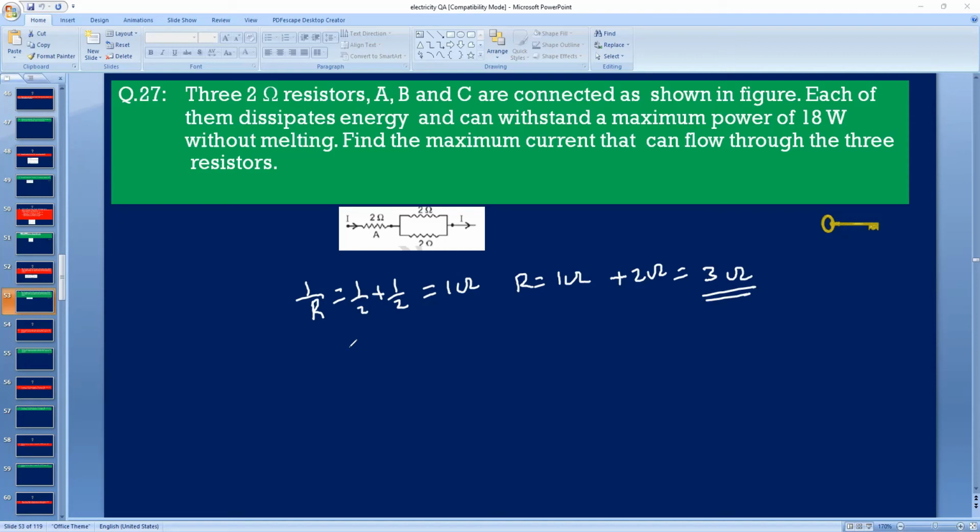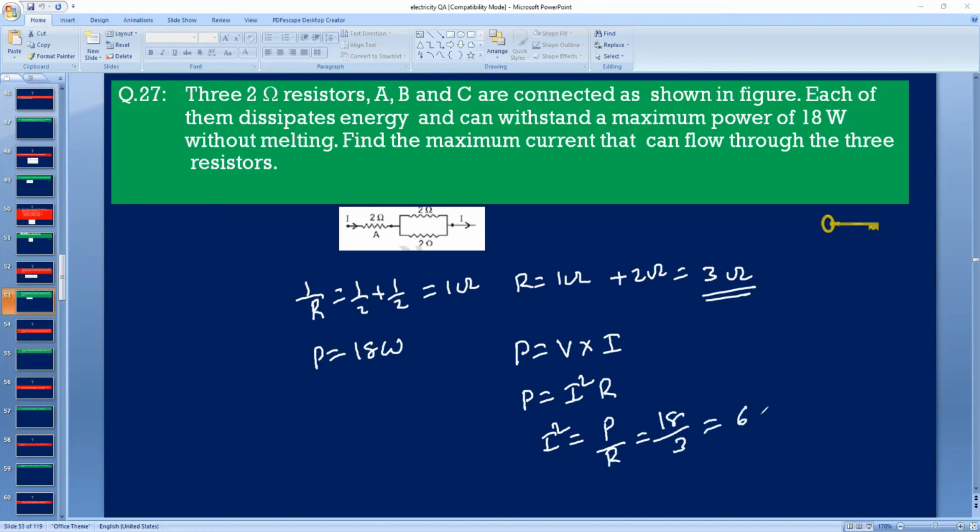Now, maximum power P is equal to 18 watt. Find the maximum current they're asking. So P is equal to V into I. Now V is equal to I into R. So P is equal to I square R. So I square is equal to P by R, 18 watt by 3 is equal to 6.